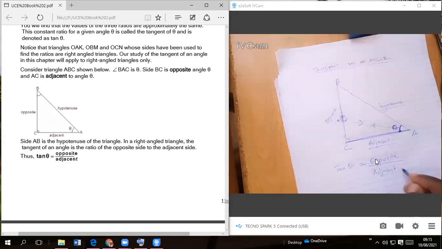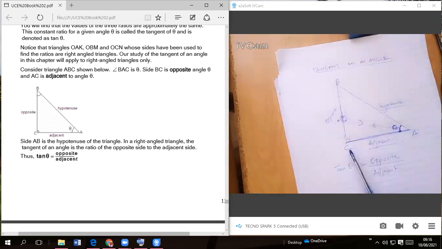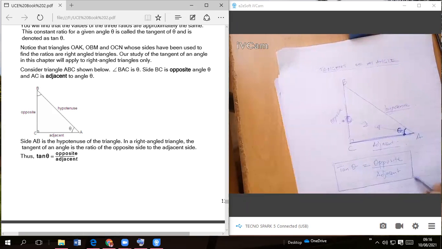So if you have the value of the opposite maybe 3 centimeters, and the value of the adjacent maybe 4 centimeters, you can get the tan of the angle which is here. So this is what is very important for you to know, that if you want to get the tan of an angle, it is the opposite divided by the adjacent.